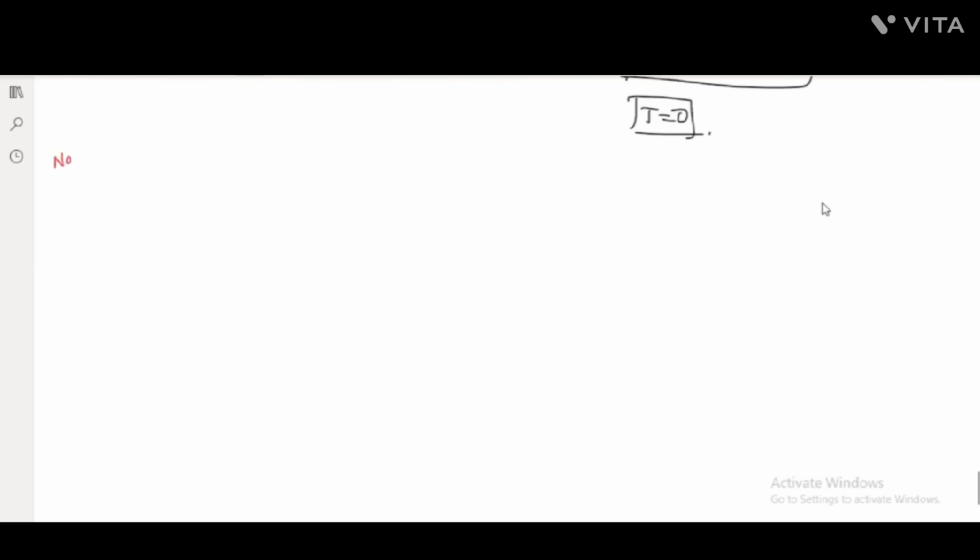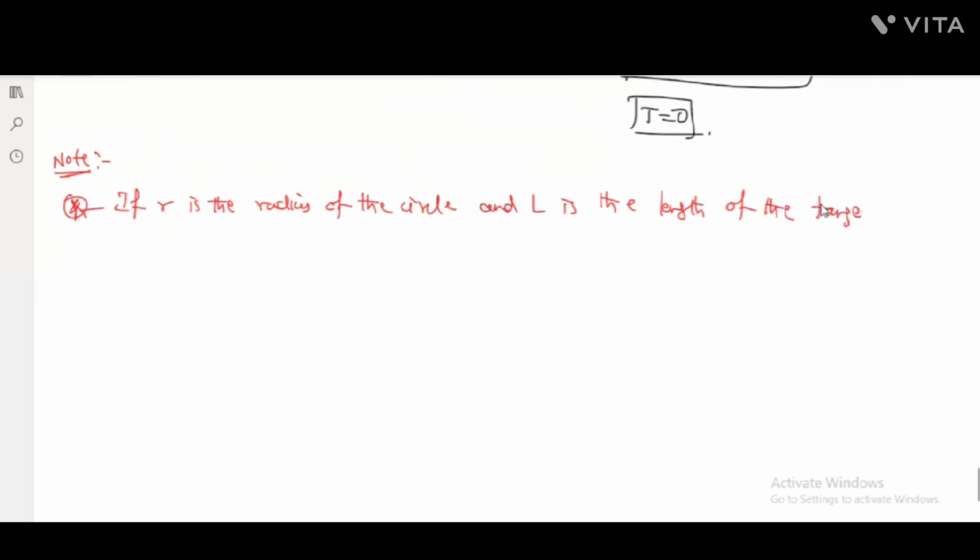Note 1: if r is the radius of the circle, and L is the length of the tangent from P(x1, y1) on S is equal to 0, here L is nothing but root S1, the length of the tangent. So here L is root S1.